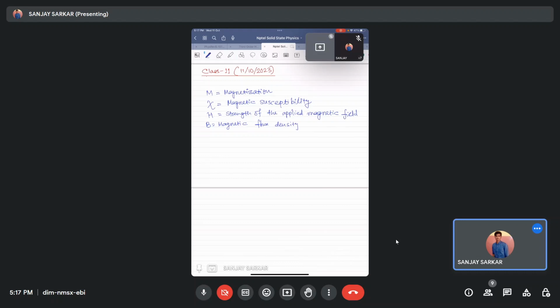And you know the relation between chi and M and H. So susceptibility is defined as M by H. And the magnetic flux B is given by mu naught into H plus M.